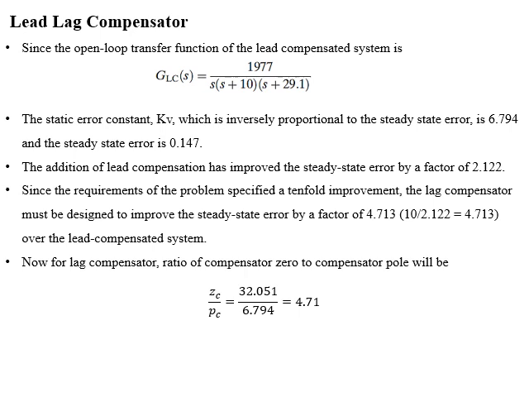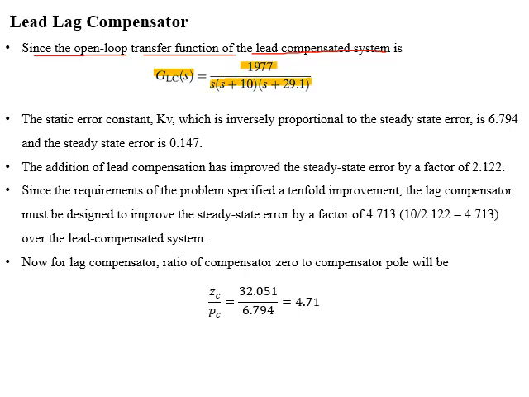Dear students, the open loop transfer function of the lead compensated system is given by 1977 divided by s times (s plus 10) times (s plus 29.1).